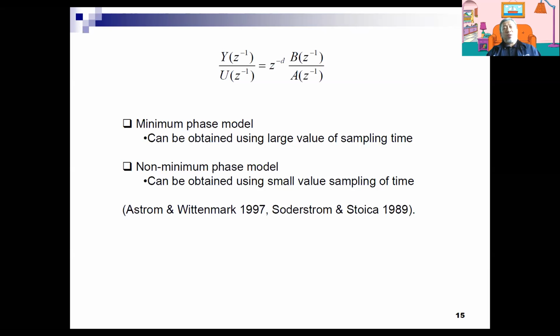But if the spec design wants a non-minimum phase model, then we have to use a small value of sampling time. So what is the concept of this model? Let me show you in the Z plane.